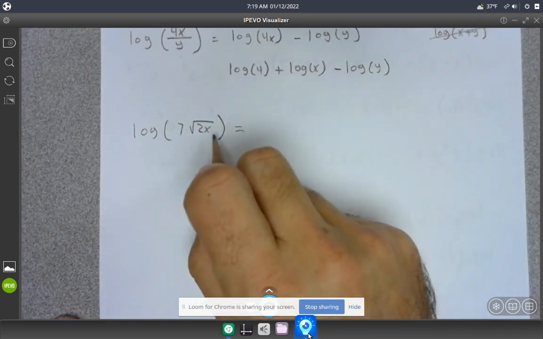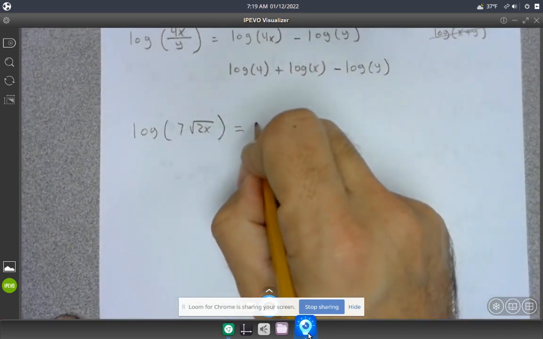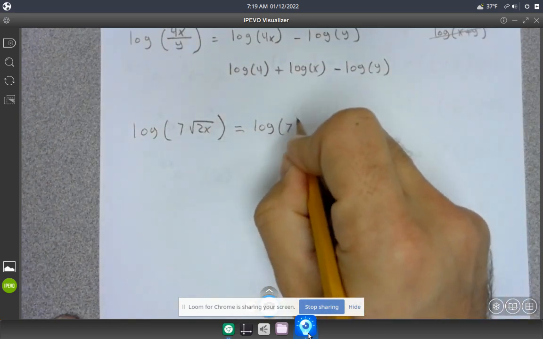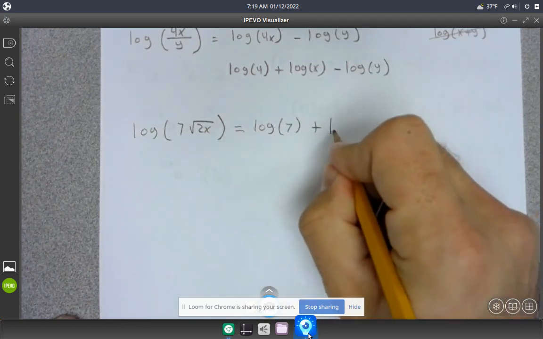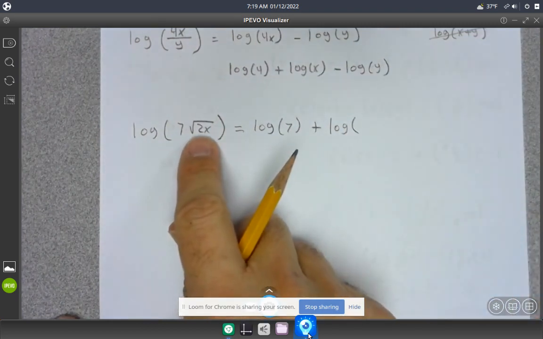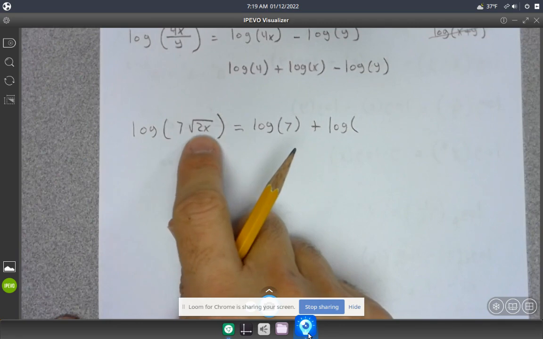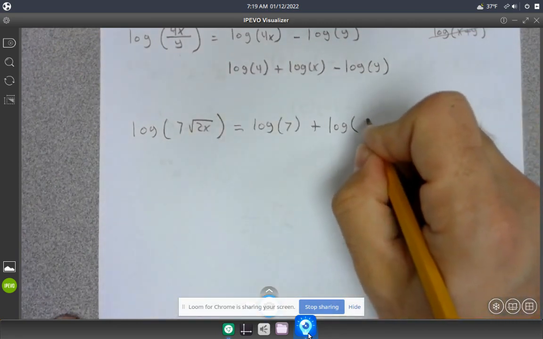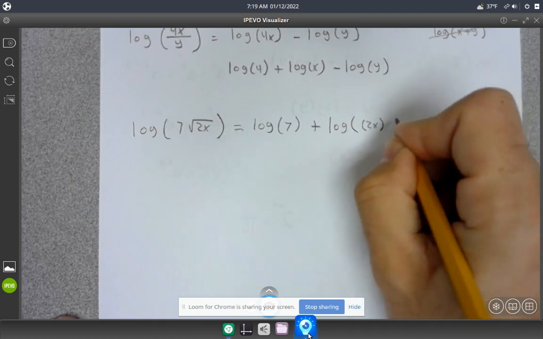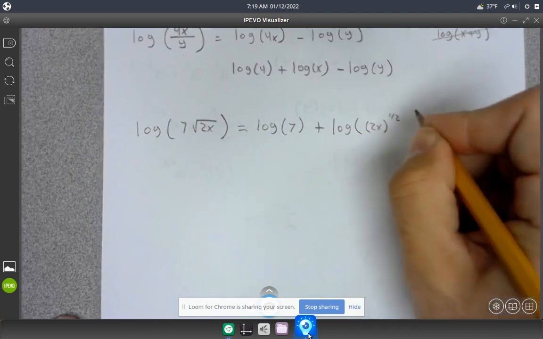That's 7 times the root of 2x. This is going to be log of 7 plus the log of this piece. Now the square root, that's the same as 2x to the 1/2 power. So I'm going to rewrite that as log of 2x to the 1/2 power.